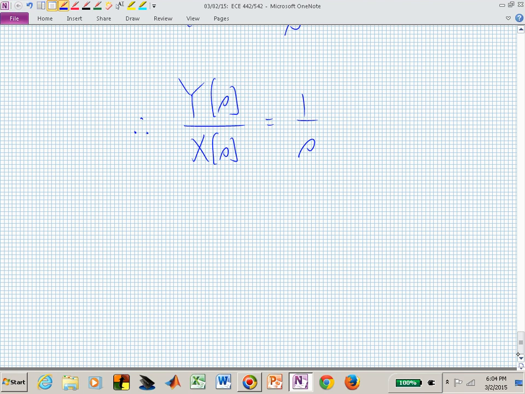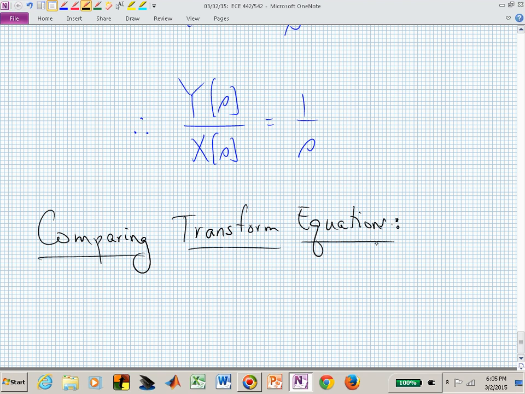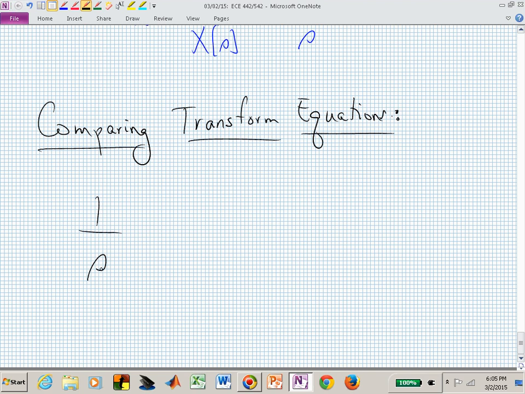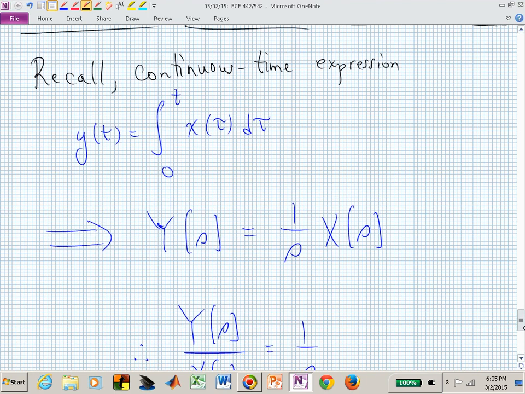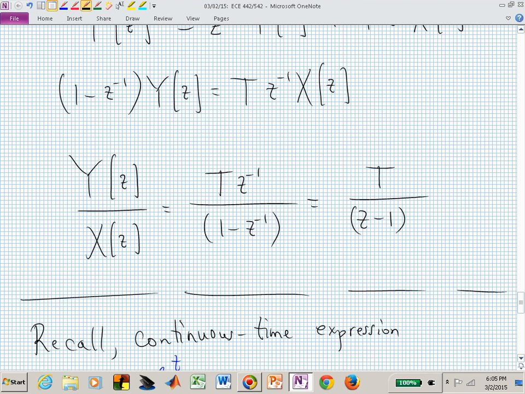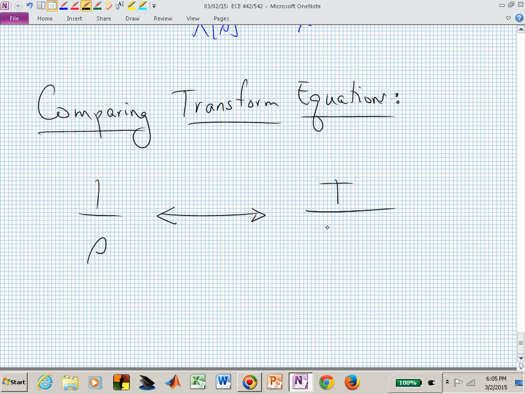If we then compare those, which is what I just did, we can now say that the Laplace expression, 1 over s, you could relate that to the z-domain quantity, which is now capital T over z minus 1.